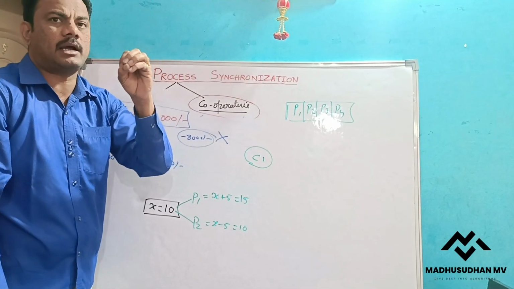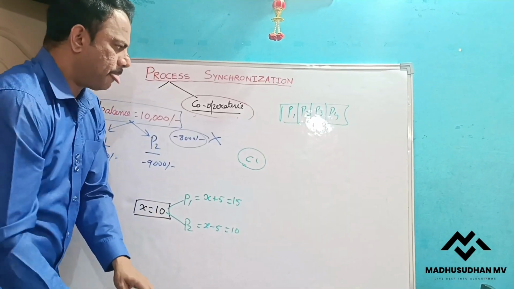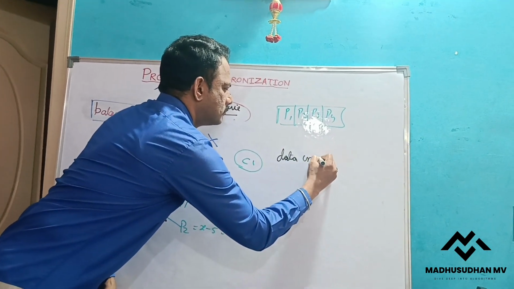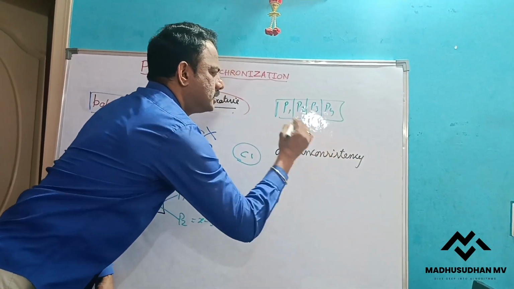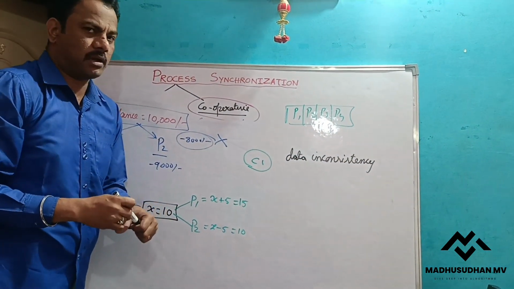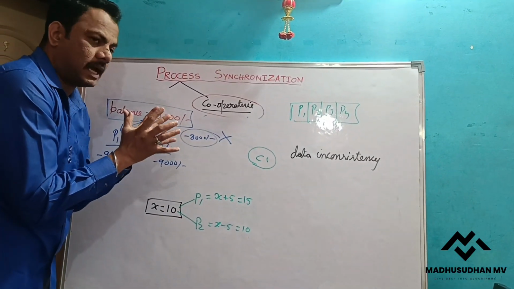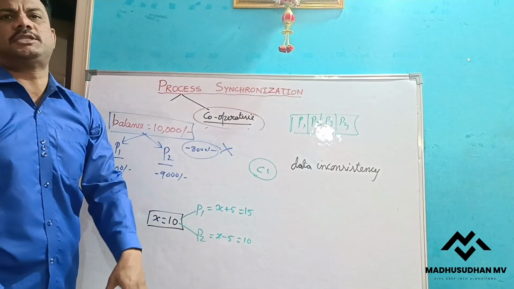And why does this data inconsistency become a problem of process synchronization? Why is this data inconsistent? Again I'm telling, because two or more processes are in a race to access that shared data.